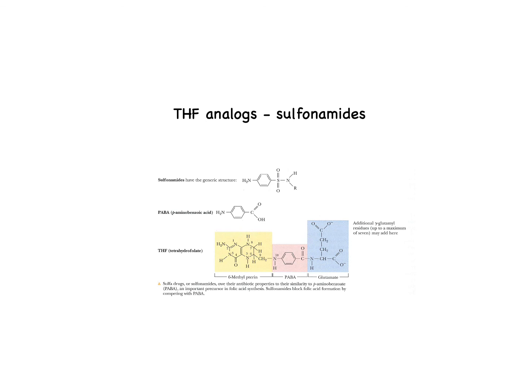And nowadays, they're still used and often in conjunction with trimethoprim. So you have two antibiotics that inhibit different steps in the same pathway. The sulfonamides inhibit the production of folic acid, and trimethoprim inhibits the reduction of folic acid to its active form, tetrahydrofolate.